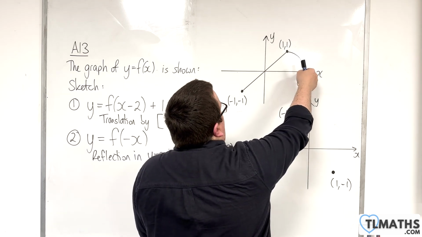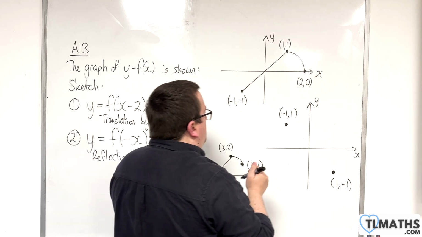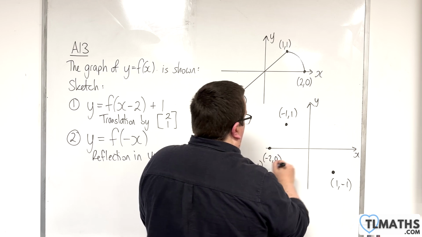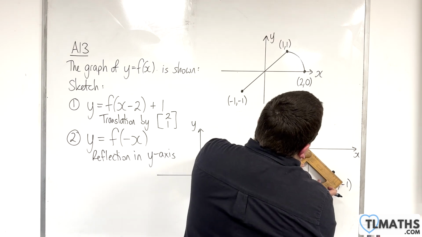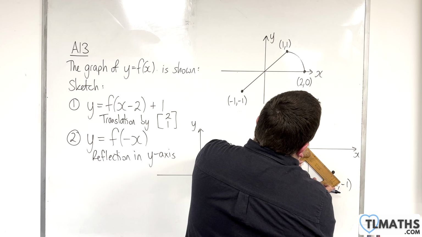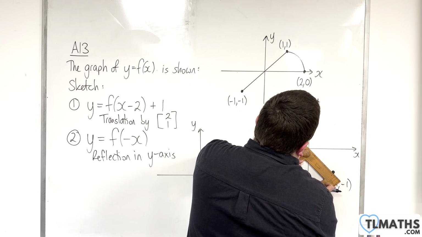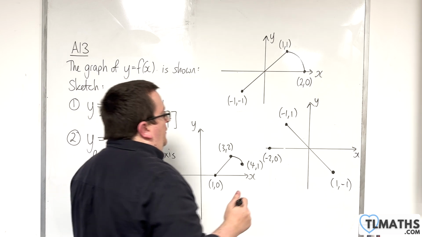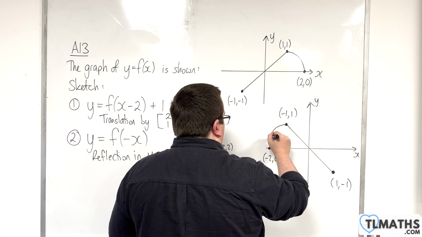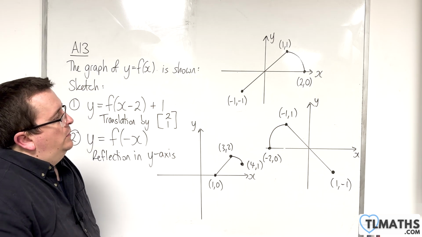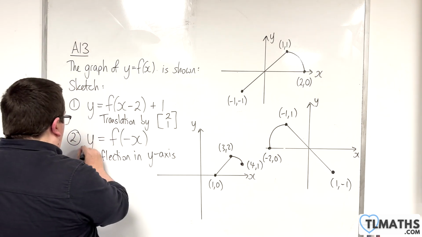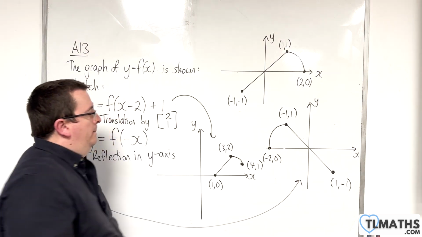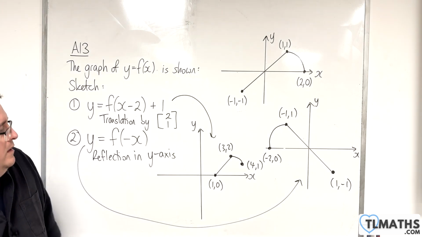And 2, 0 reflected in the y-axis will become minus 2, 0. So, that piece there, and then we've got our curved section. And so there is number 2. That's number 1. Okay? And so there are my sketches.